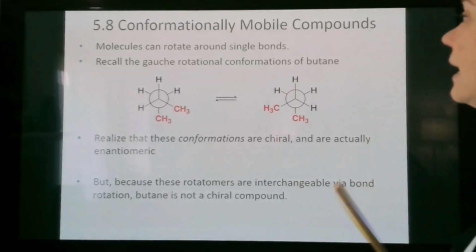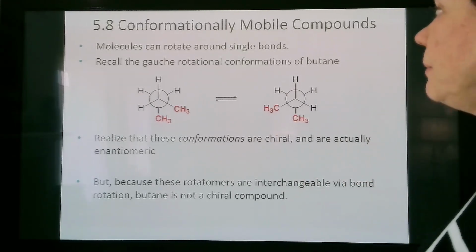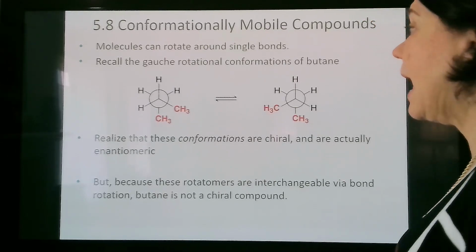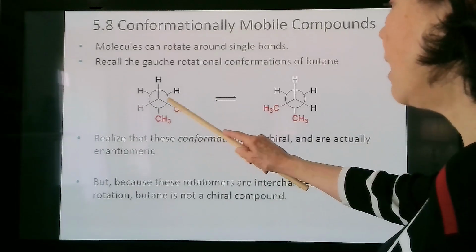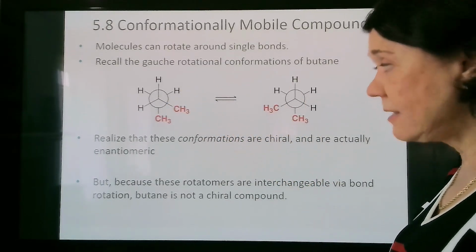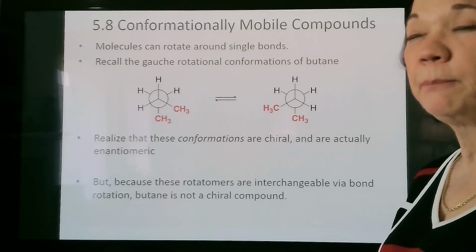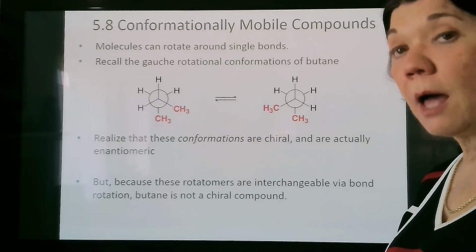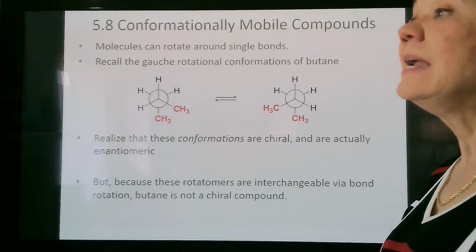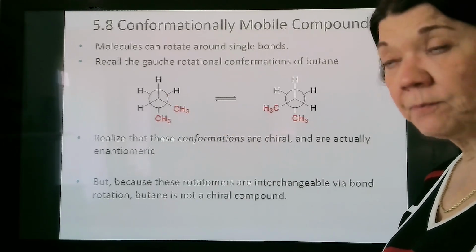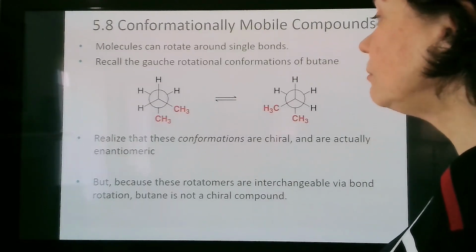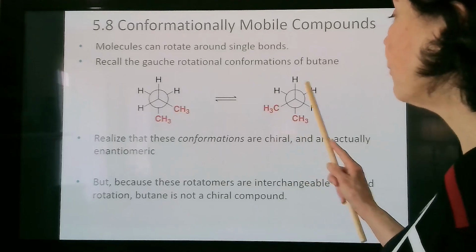This can get a little bit confusing. Remember, conformers are not isomers. And so these conformations, you could say that they're chiral, and you could say that they're enantiomeric, but for practical purposes, they will not be, because this rotation about the carbon-carbon single bond is occurring so rapidly that it will be impossible to make any use of any isomeric relationships.